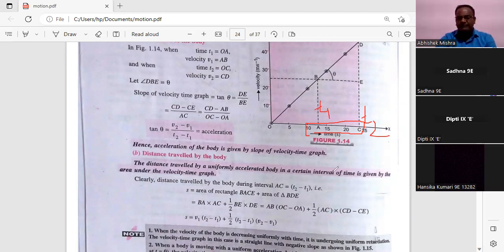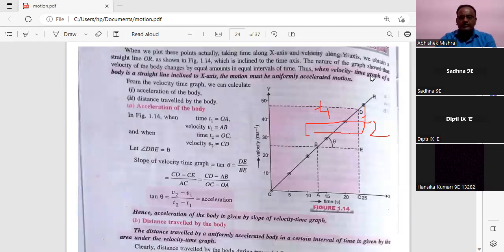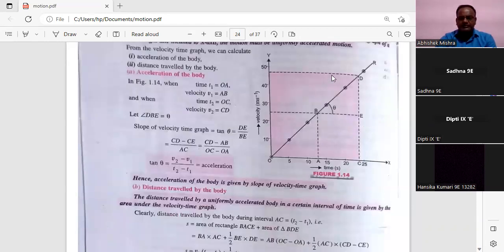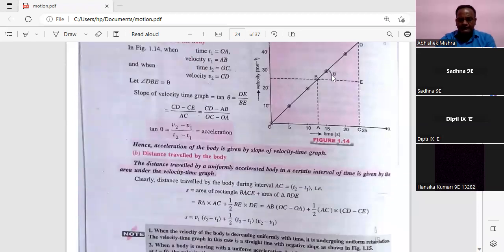Now the distance traveled during this time interval T2 minus T1, what will it be? Let me bring the graph first.